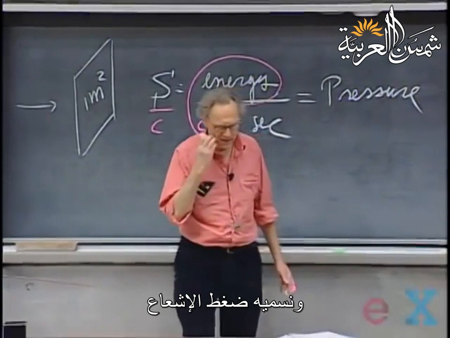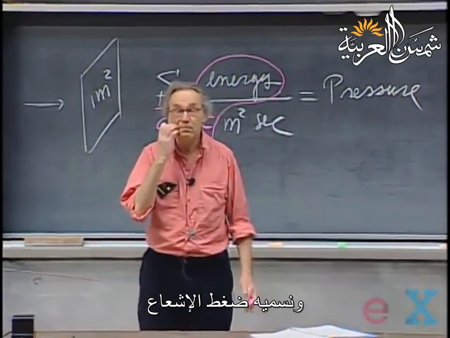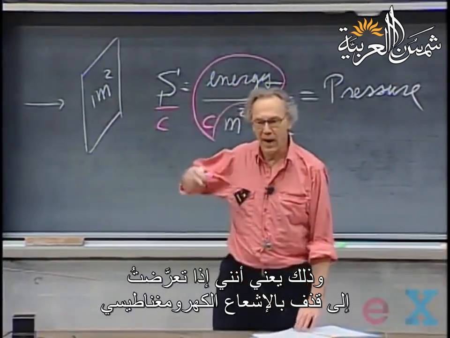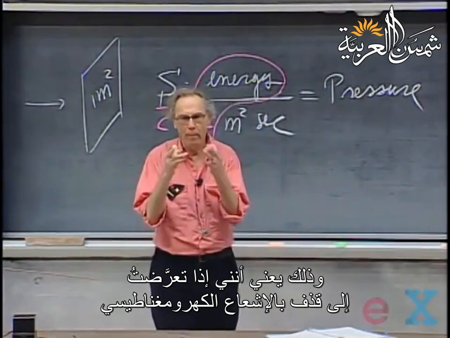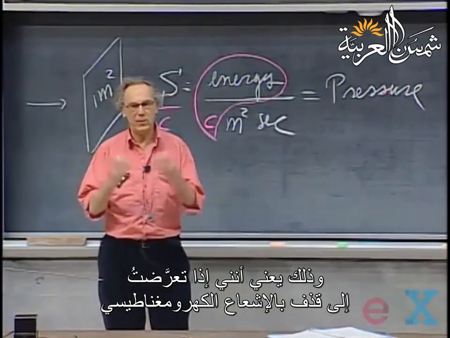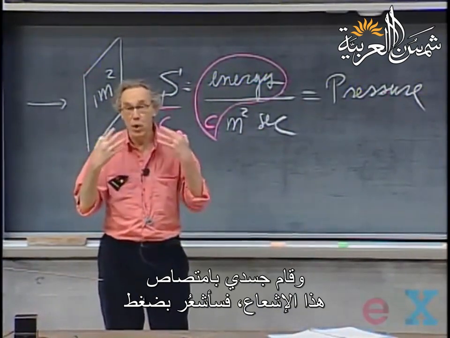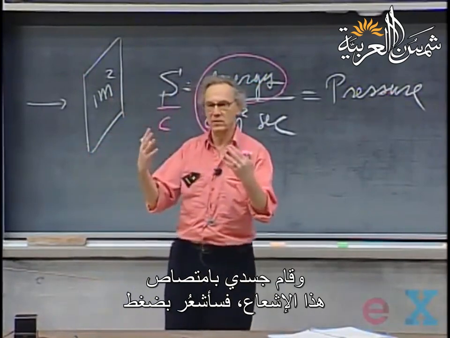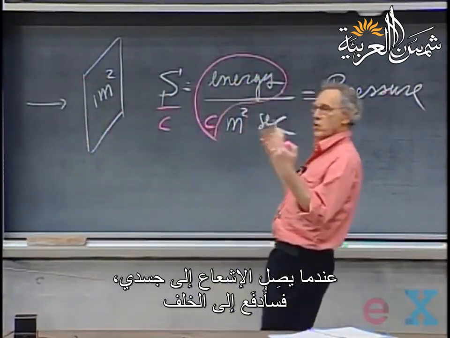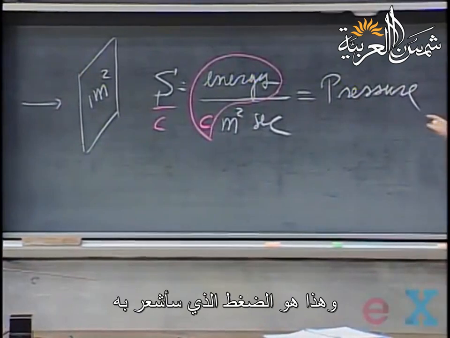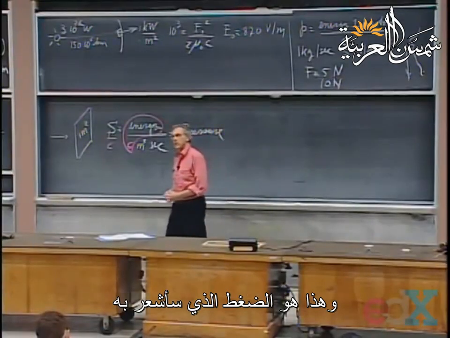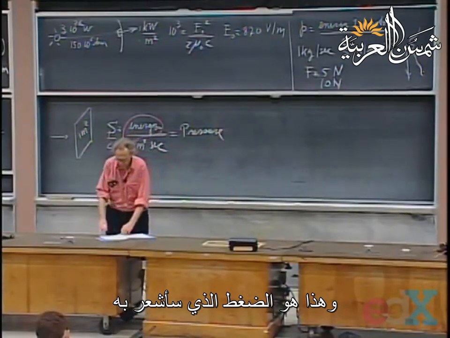And we call that radiation pressure. It means that if you are exposed to a bombardment of electromagnetic radiation and you absorb it, you feel a pressure. The radiation comes to you and you're being pushed backwards. And this is the pressure that you will experience.